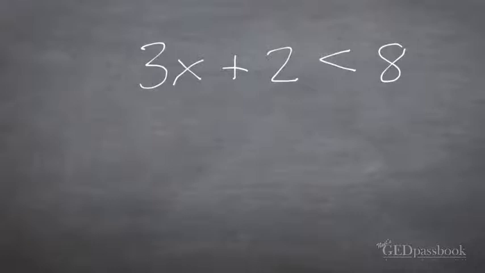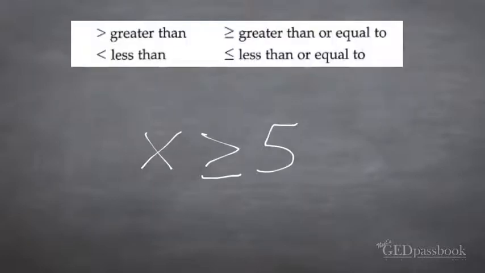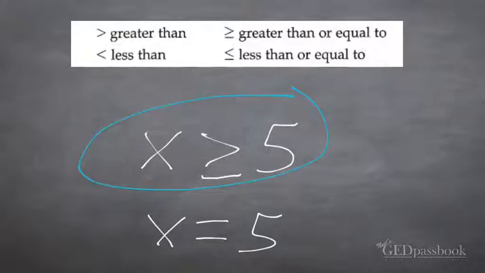Well, guess what? Here's a little hint, you guys. You guys ready to see the hint? Inequalities, sure, the actual symbol is different from the equal sign, right? These are 2 different meanings. This one over here is saying X, whatever number it could be, is greater than or equal to 5, right?